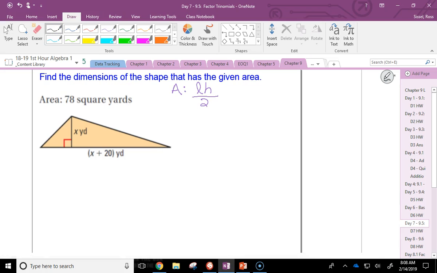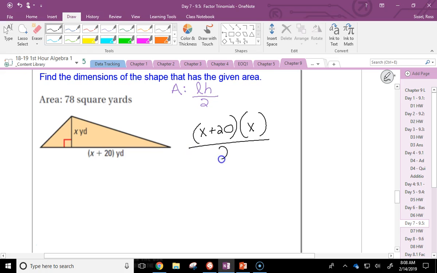So to solve this, I know that my area is 78, and actually I'm going to write it the other way, just because I like having my equation first. My length was x plus 20. My height is just x. We're dividing it all by 2, and it equals 78.